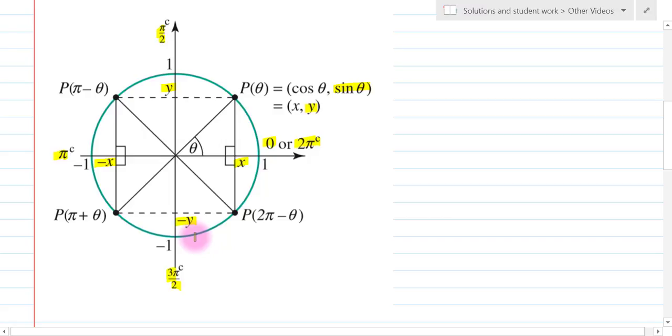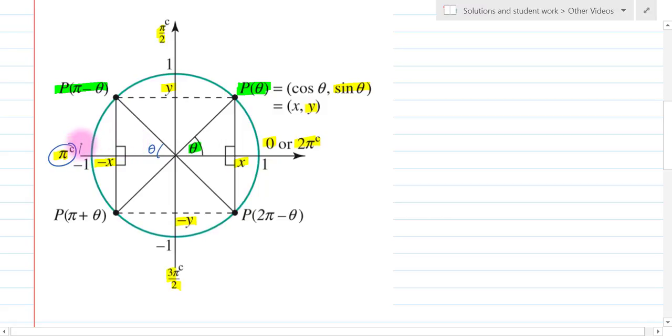The other important thing they have that I didn't have was this idea. So we've got P of theta, so a point represented by this angle theta, and then we have this P of pi minus theta. So that is related to the fact that this is pi and this is theta.